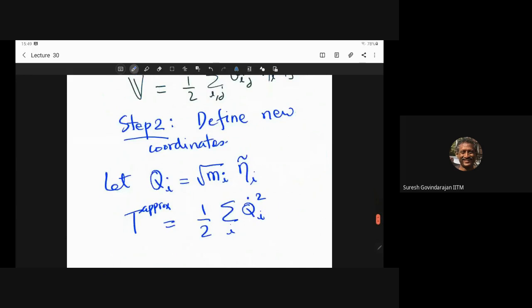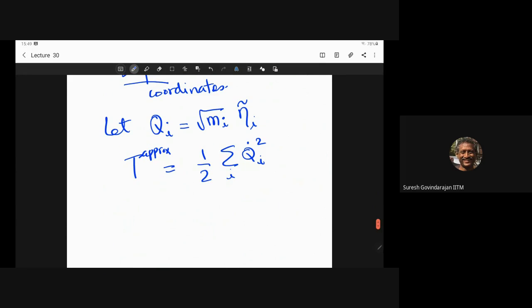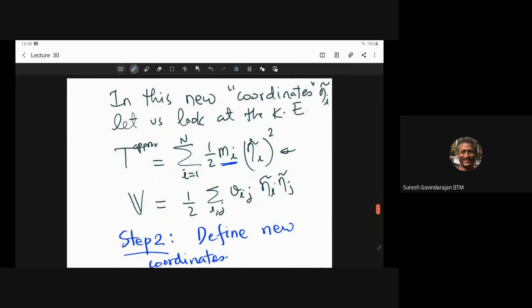So now, what does this do? This has made T in this new coordinate simple. And V approx, I should actually even put a tilde here also. V also changes.